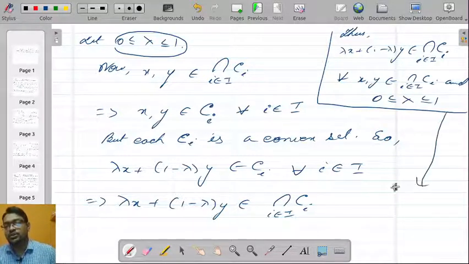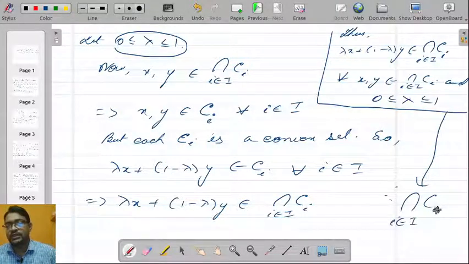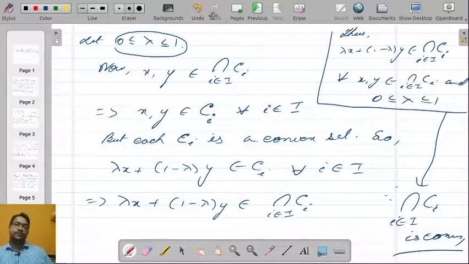Therefore the intersection of Ci is convex. So any intersection of convex sets is convex. This is what we have proved.